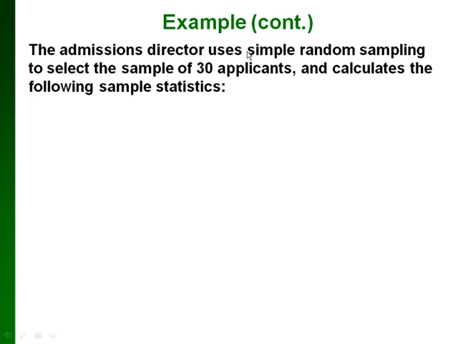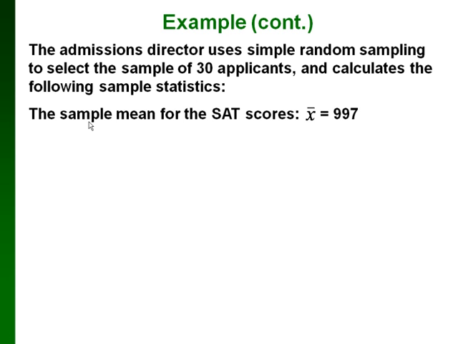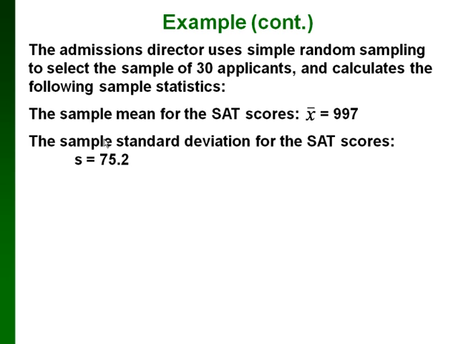She collects a simple random sample of 30 applicants and uses it to calculate the following statistics. The sample mean for the SAT scores is X bar equals 997. The sample standard deviation for the SAT scores is S equals 75.2.